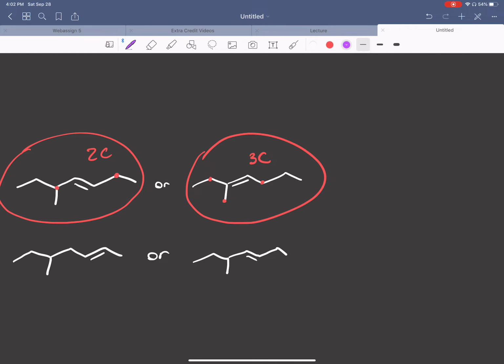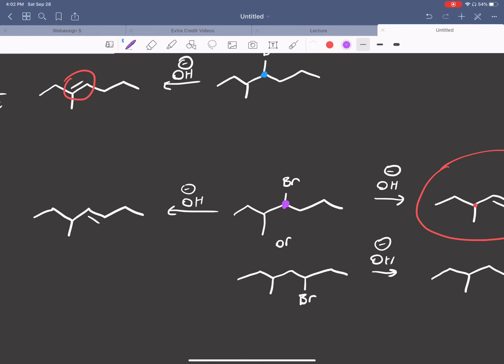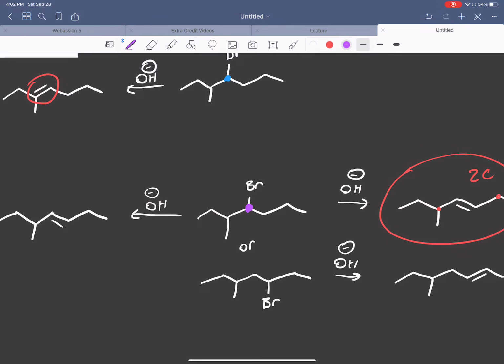So that means that having our Br right where we put it there at the top is not okay, because it would actually form the alkene right here. If I just erase this double bond, it would actually form this one. So that means our Br positioning is not correct.